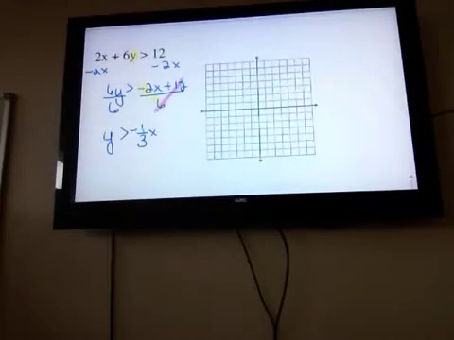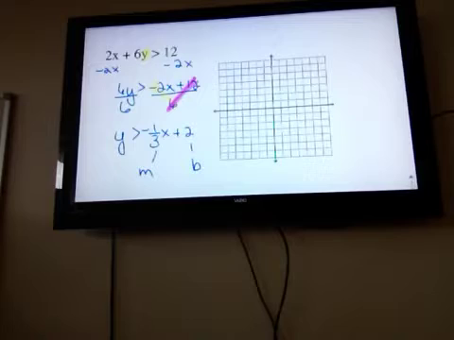And then positive 12 over positive 6, that's positive 2. Now, when I go to draw my line here, it is going to be a dashed line because we don't have the little equal to part. It's just greater than. So my b is 2. My m is negative 1/3.